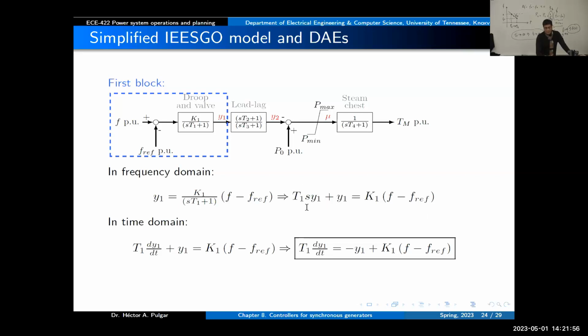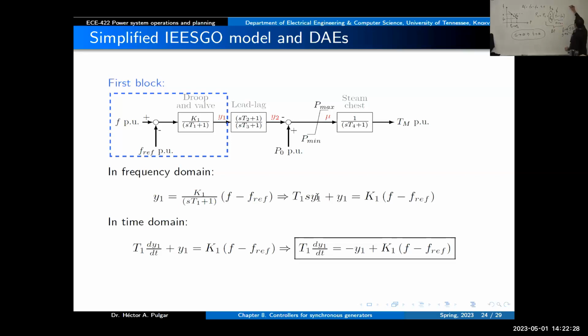So when we take the Laplace inverse to convert this to time domain, the only term that we need to consider here is going to be this one. So the inverse of this S Y1 is the derivative of Y1 in time. What is the Laplace inverse of Y1 in this equation? It's going to be Y1, but in time. So that's what we're doing here.